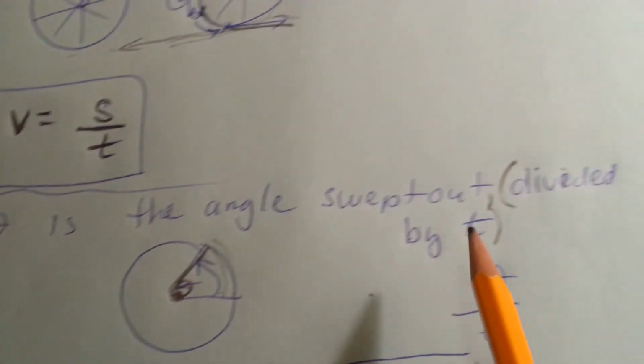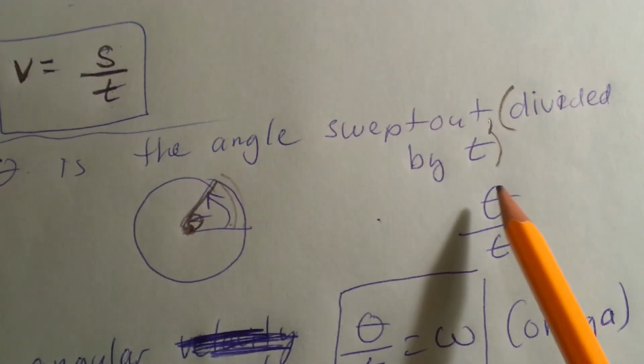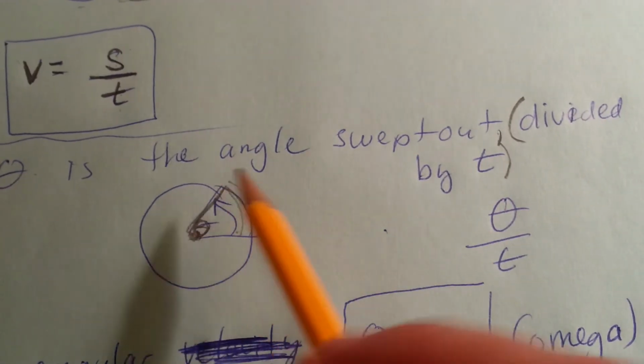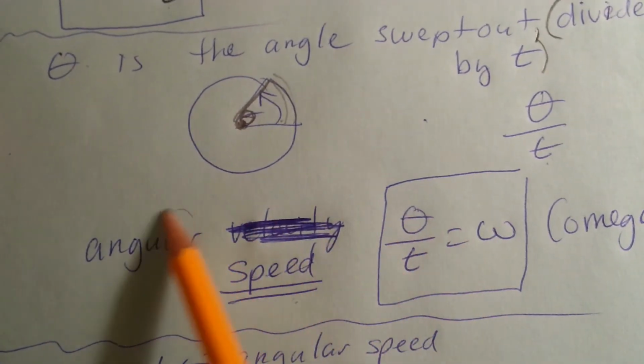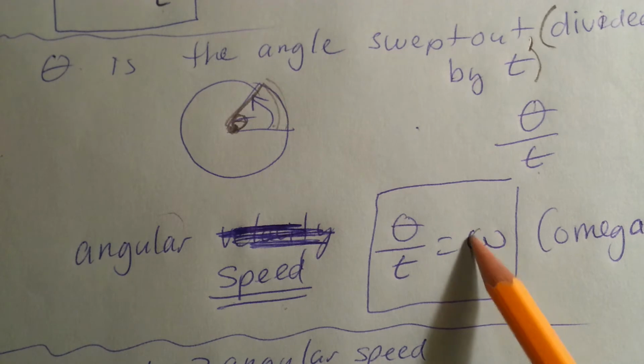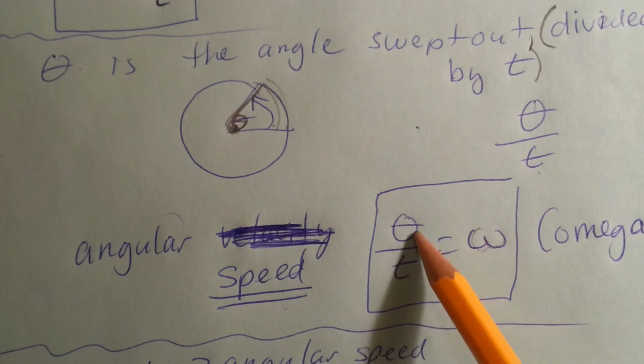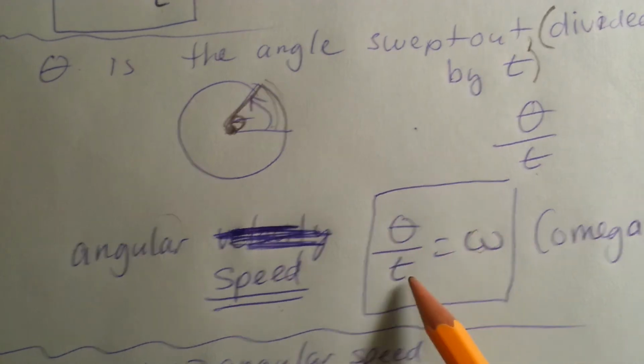Theta is the angle swept out, and we're going to divide that by t. How fast do we sweep through this angle in a given amount of time? That's angular speed. We're going to call that omega, and that's theta over time.